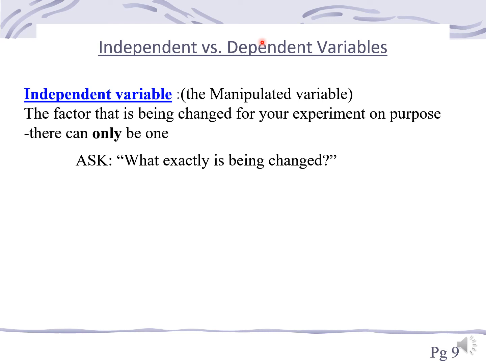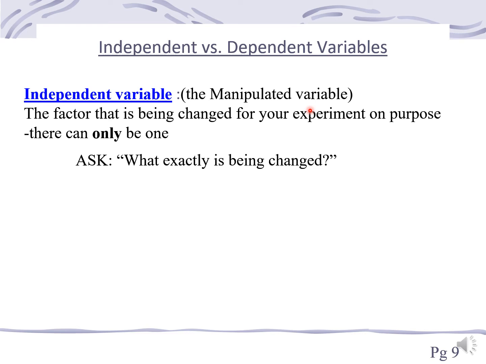So the independent variable, or it's sometimes called the manipulated variable, is the thing you are changing for your experiment on purpose. Really, there should only be one thing that you're potentially changing. So we'll talk about the previous hypothesis in just a minute, but again, sometimes you can change it to a degree.